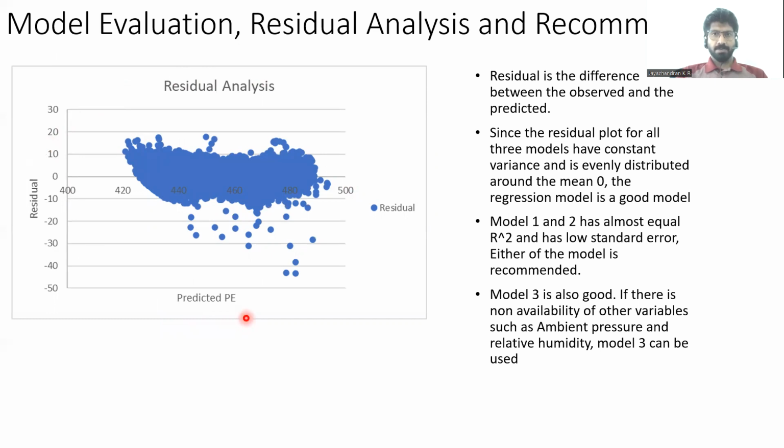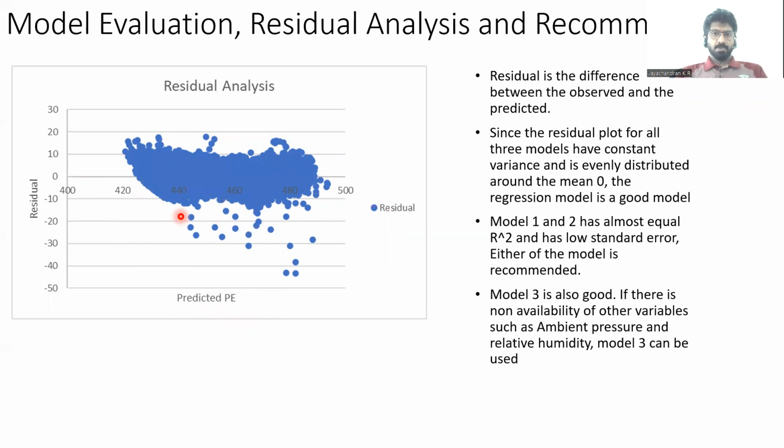The residual is the difference between the observed output energy and the predicted output energy, and we plot it against the predicted output energy. Since the residual plot is evenly distributed across the mean, and it is randomly distributed as well, it essentially means that the regression model is good.